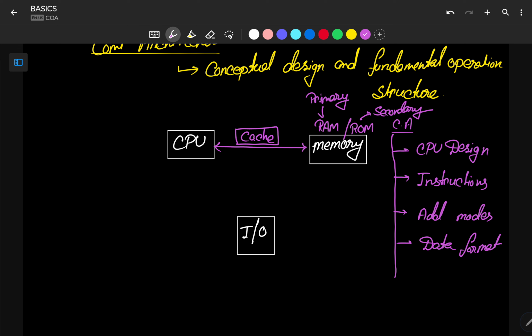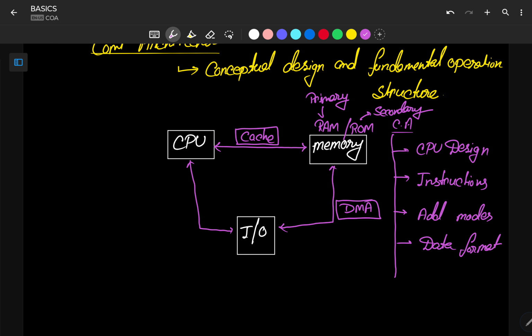And there is an IO interface, and memory and IO interface are connected by another module known as DMA. We will discuss it later, so don't worry.